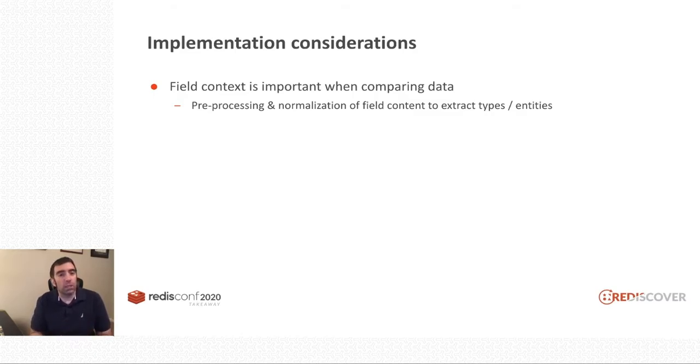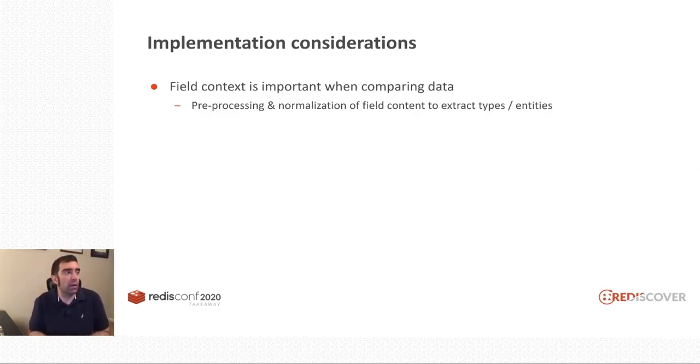Pre-processing and normalization of the field to extract any type of type or entity would be really useful here. One way that we do that is we use varying techniques of natural language processing, regular expressions, pattern matching, and custom extractions to identify context about a field before we make a determination to build a HyperLogLog for it.